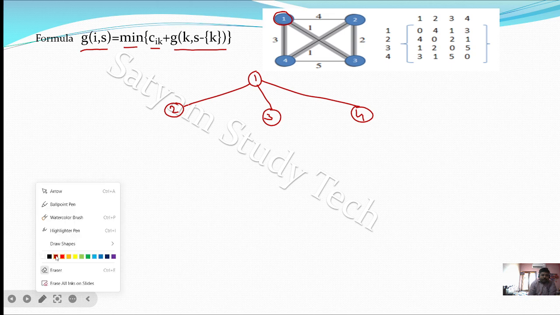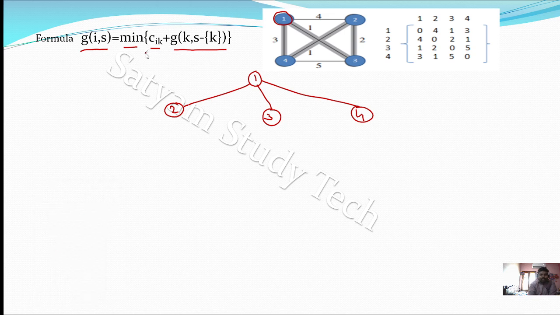You can write g of 1 comma, where 1 is the initial source vertex where the traveling salesperson starts, and S means the remaining unvisited vertices, that is 2 comma 3 comma 4, equal to minimum of c i k. For example, i is 1 here and k is the next vertex, 1 comma 2.